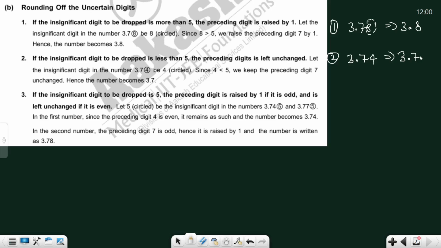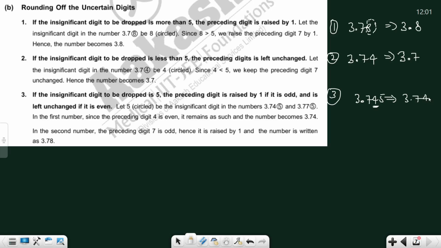No, sir. The last rule, on which a question can get stuck, you have to look at this a little carefully. If the insignificant digit to be dropped is 5, the preceding digit is raised by 1 if it is odd and left unchanged if it is even. So if you are having two cases, 3.745, so it is even, so it will remain unchanged.